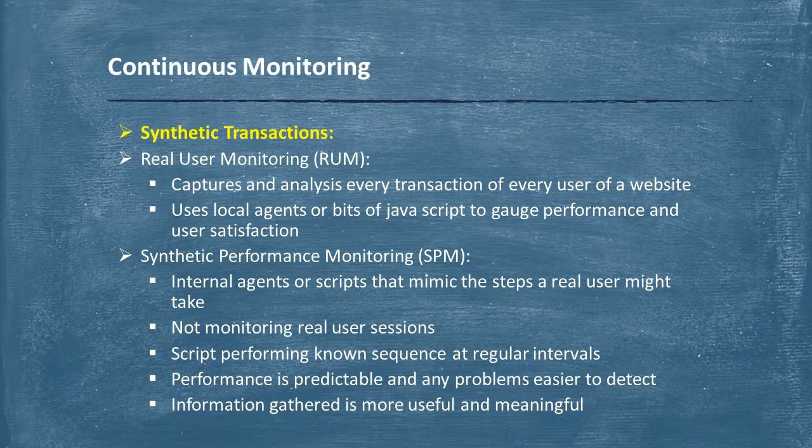It is not a real user, it is scripts that mimic the real user, not monitoring real user sessions. Scripts perform a known sequence at regular intervals. Performance is predictable, and any problem earlier is easier to detect. Information gathered is more useful and more meaningful.